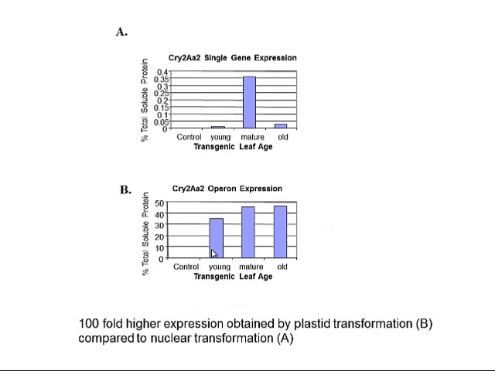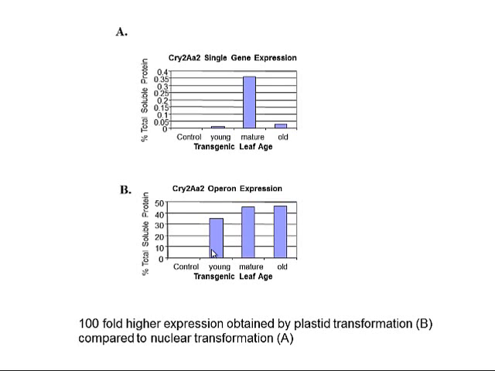This is just a table to have a look at expression levels. So you can see this is the crystal toxin single gene expression for nuclear transformation, and you can see that around 0.35% of total soluble leaf protein is this Cry2A A2 Bacillus thuringiensis crystal toxin.